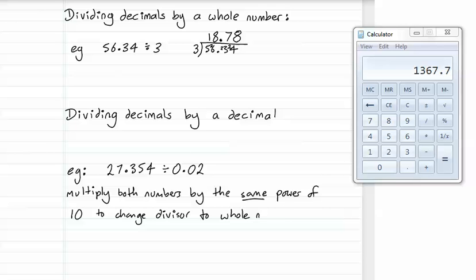So it sounds a bit complicated. How many times would I have to jump my decimal point in the decimal I'm dividing by to get it to a whole number? I'd have to multiply by 100. I'd have to jump it twice. And I'd get 2. I do the same thing to my question.